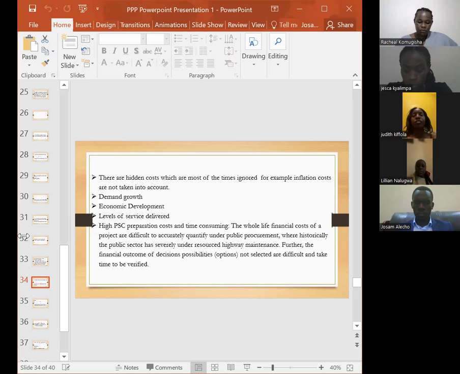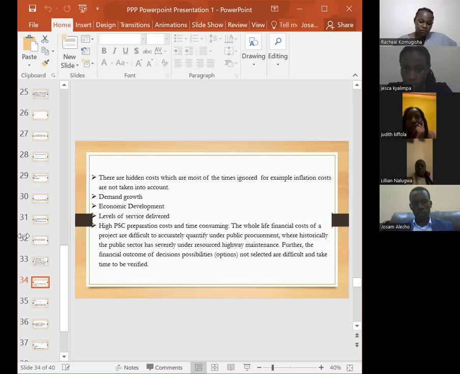When using the PSC, the government usually assumes what the output will be. However, what they actually get from that project is most likely not what the PSC had projected.